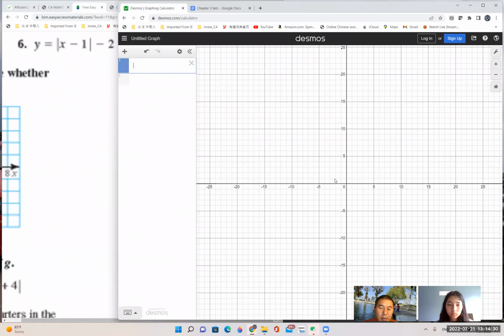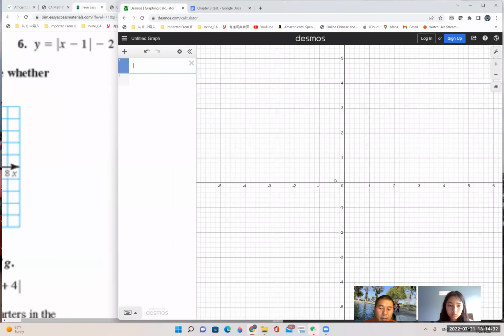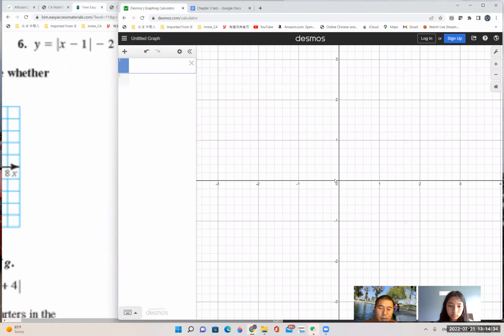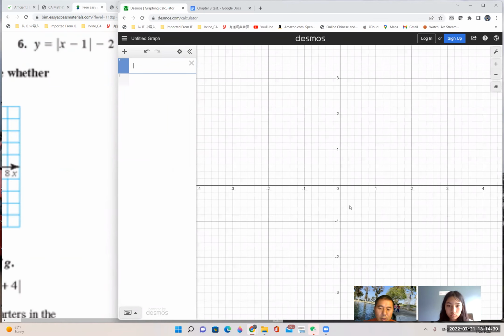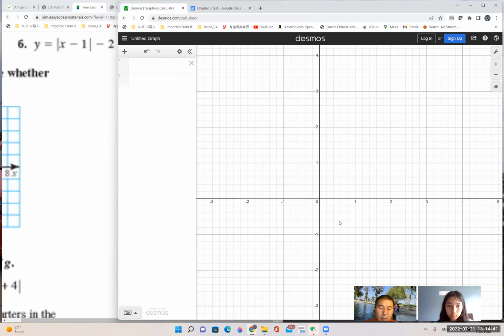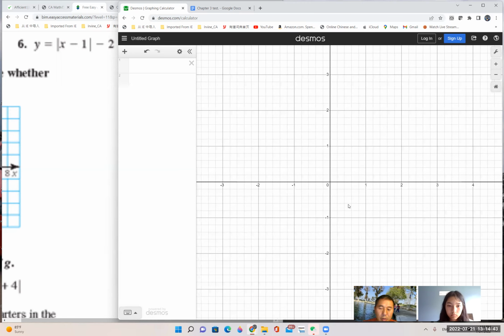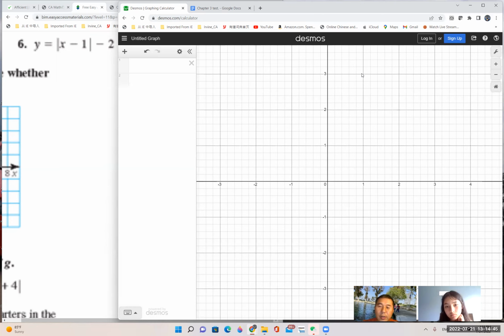Okay. Yeah, we'll just draw the graph of this function. And of course, it's an absolute value function, right? Think about it.